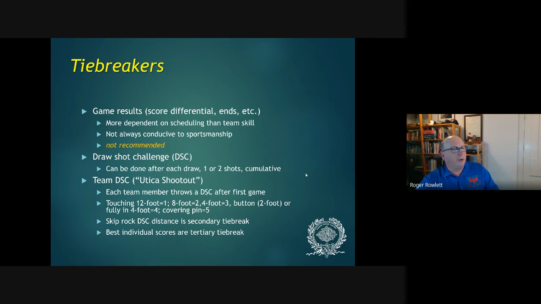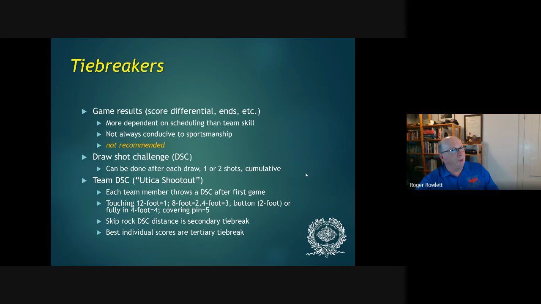The thing I don't like about this, and don't recommend, even though it may seem easy to implement, is that it's more dependent on scheduling than on the skill of the team. If you happen to get scheduled against the worst team in the event and you rack up a big score, does that really mean you have the best skill to move on to the next round or the playoffs?